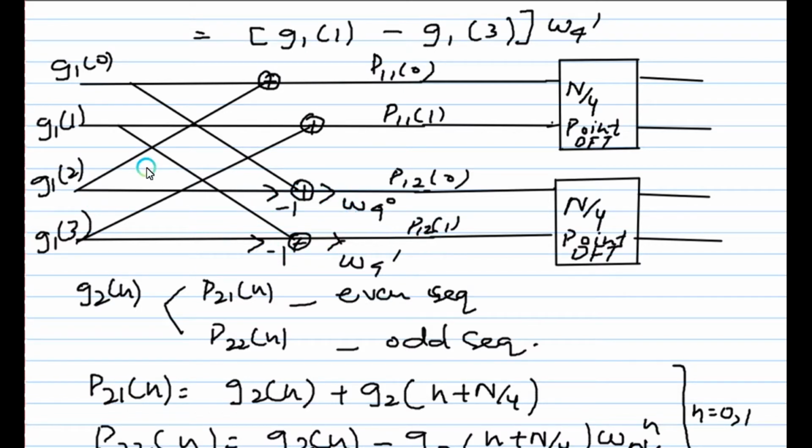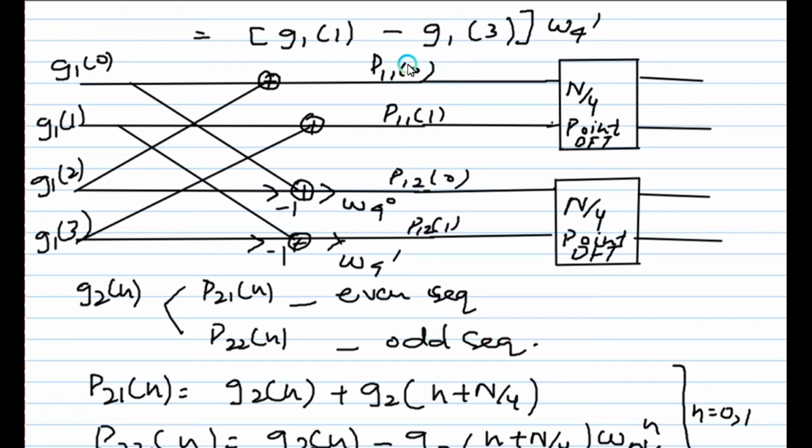Similarly, p12 of 1 will be g1 of 1 minus g1 of 3, with g1 of 3 multiplied by minus 1, whole multiplied by W4 to the 1. So this is as far as the even sequence of x of n is concerned, that is g1 of n. We have broken down g1 of n, the even sequence of x of n, into two sequences, even and odd, p11 of n and p12 of n.